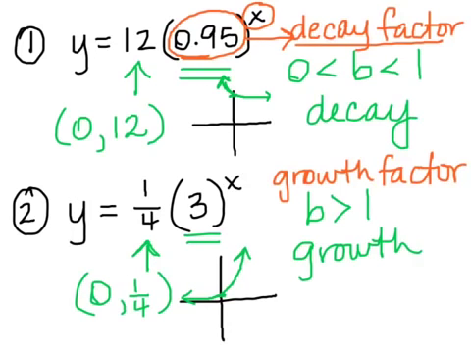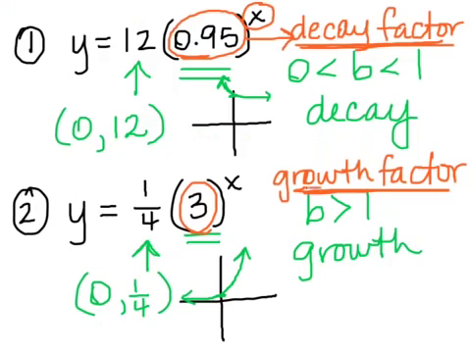And so that's why it's called a factor, because it's the thing that's being multiplied over and over. And so it's called the decay factor when it's between 0 and 1, and the number is called the growth factor if it is greater than 1. And so 3 is the growth factor, 0.95 is the decay factor, and you'll need to know those words.